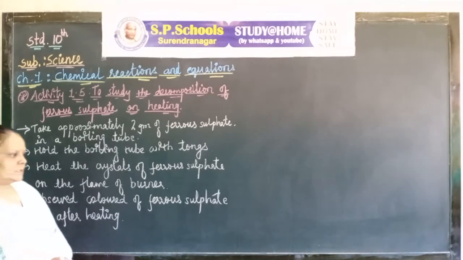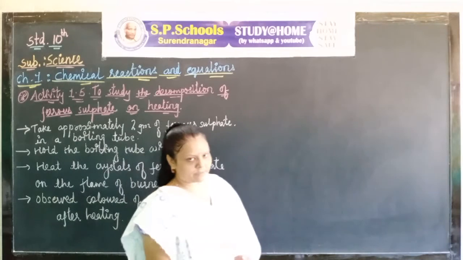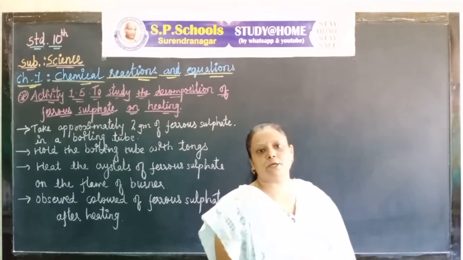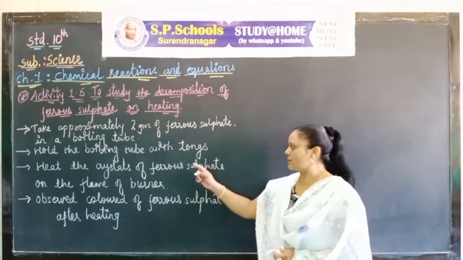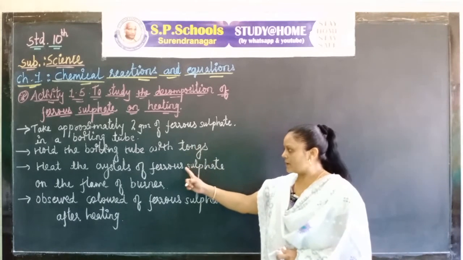Take approximately 2 grams of crystals of ferrous sulfate in the boiling tube and heat it on the flame of the Bunsen burner.